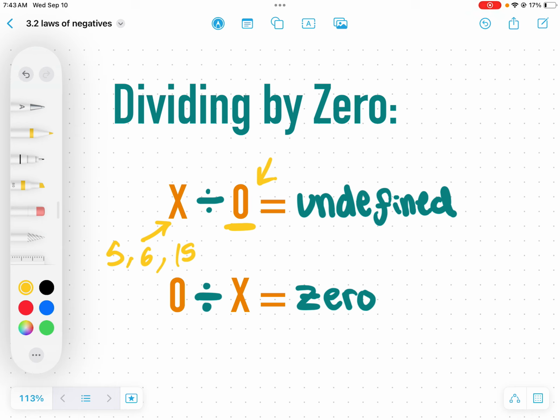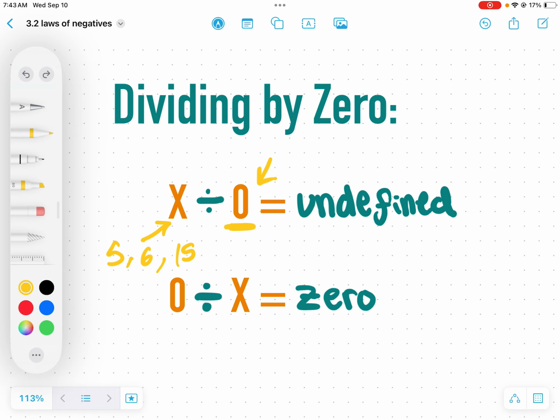This does not work, because if you even have something, then there's going to be at least one group. So you can't take something that exists like cups or calculators or chairs or something, you can't divide that into 0 groups. Okay, so if you are ever dividing by 0, the answer is undefined.